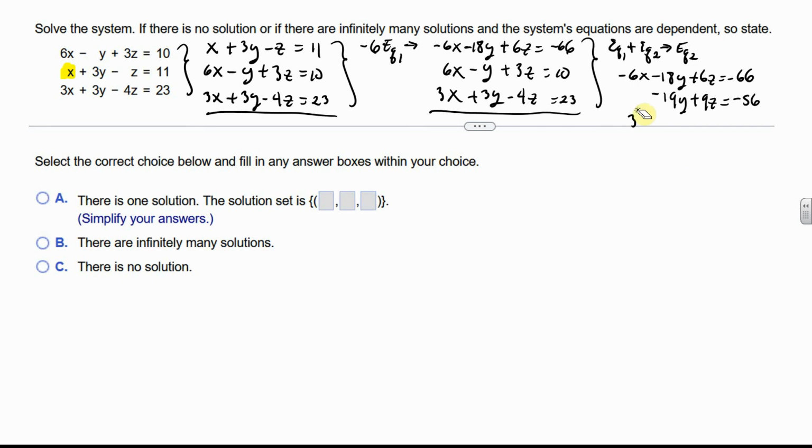Here I'm just going to rewrite this one: 3x plus 3y minus 4z is equal to 23. Now I'm going to go back and write the original equation 1.